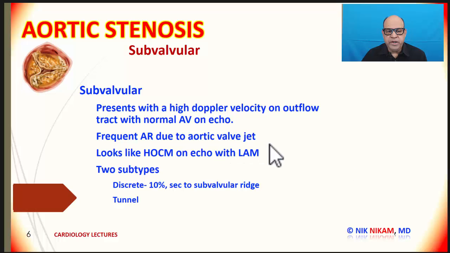Frequent aortic regurgitation is found due to the aortic valve jet. This may look like HOCM on echo with LAM. There are two subtypes, namely discrete, 10%, secondary to a subvalvular ridge, a little ridge, or it could be related to a tunnel in the outflow tract.